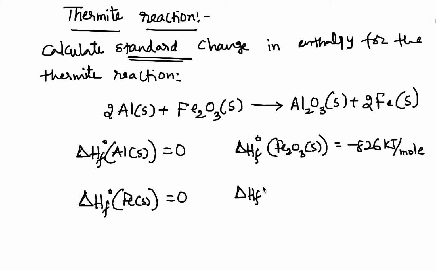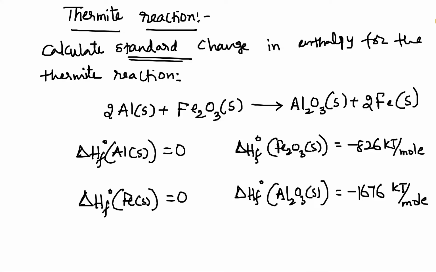Delta HF formation of Al2O3 solid, that value is negative 1676 kilojoules per mole. Okay, now having the data in our hand, we are going to find the enthalpy change of the reaction at the standard states. Therefore, that is known as the standard change in enthalpy.